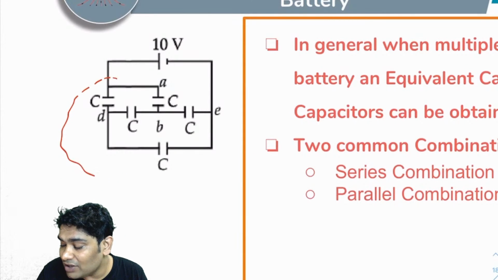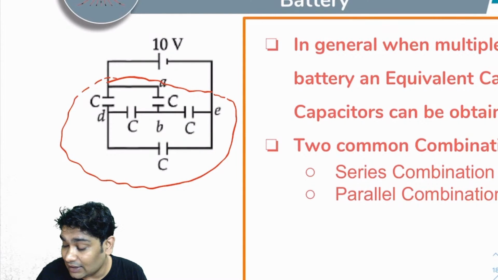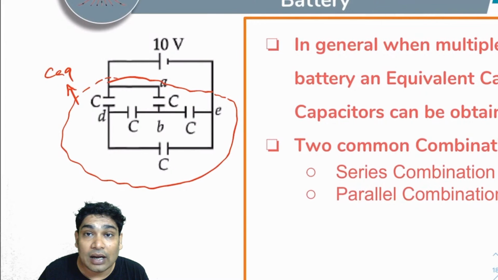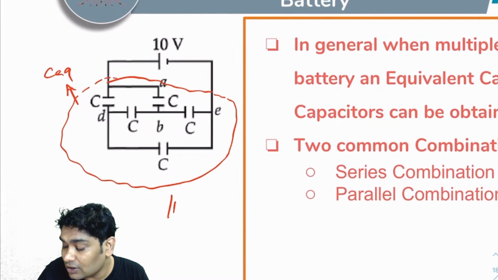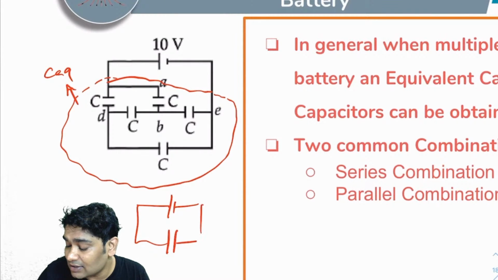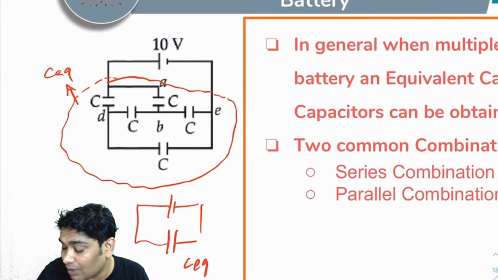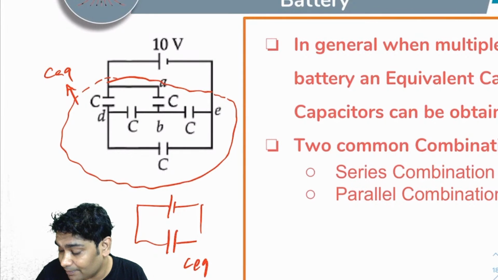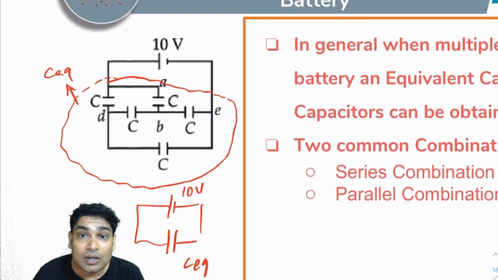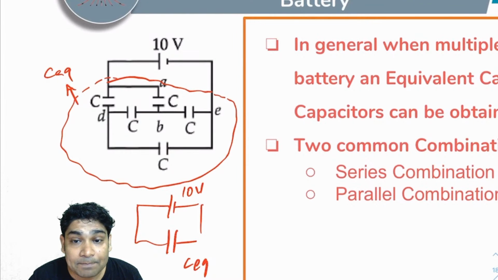I can always replace all this with a single capacitor. I can say that this has an equivalent capacitance of C equivalent. And I can redraw this circuit as a single capacitor which has a capacitance of C equivalent and the same battery. So how do I decide what is the equivalent capacitance?